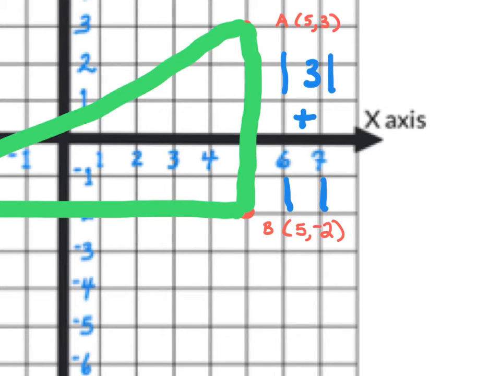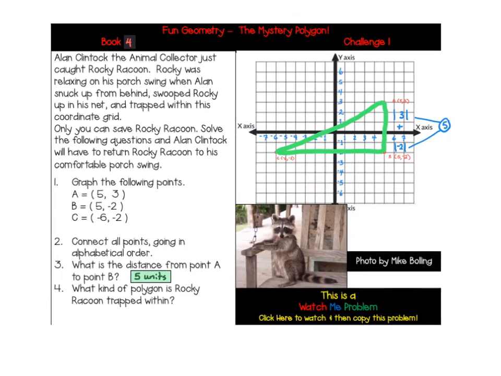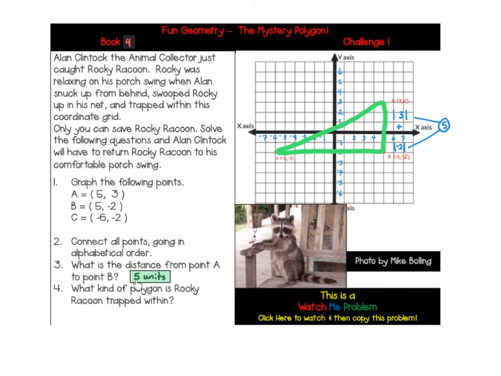So the absolute value of negative 2. Well, the absolute value of negative 2 is really 2. So I can take 3 plus 2, which gives me a grand total of 5, right? So that gives me 5 units. And as you see, that agrees with the counting of the units that we did. So we have 5 units here and 5 units here.